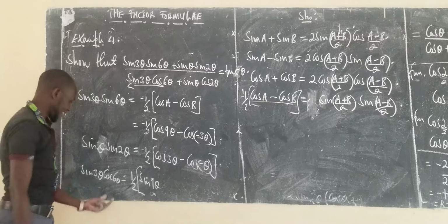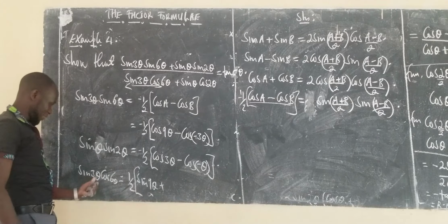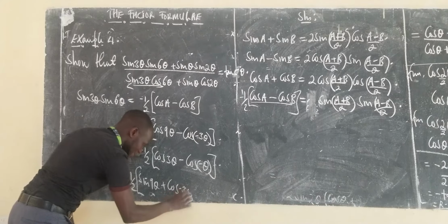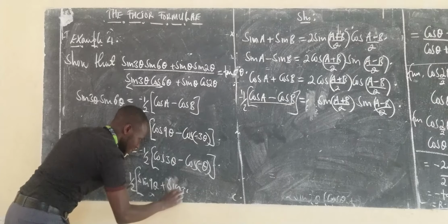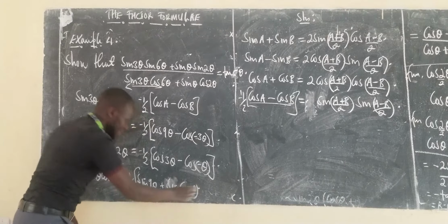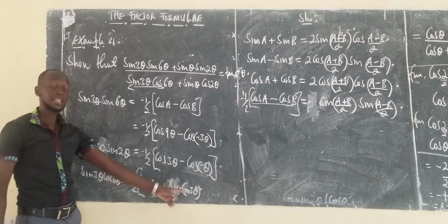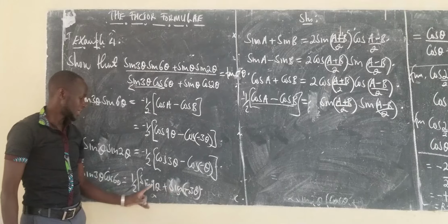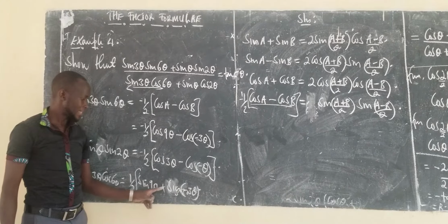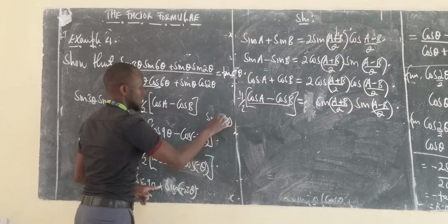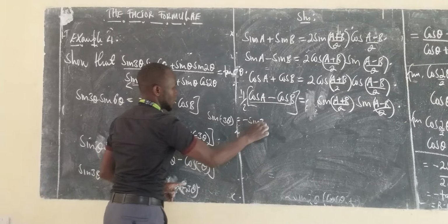You see? Then plus 3 theta minus 6 theta, you get sine of negative 3 theta. But remember, a sine is affected by a negative, so it will be sine 9 theta minus sine 3 theta, because the sine of negative 3 theta is the same as negative sine of 3 theta.